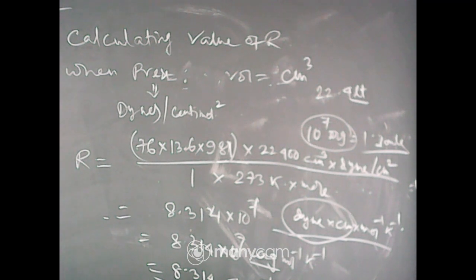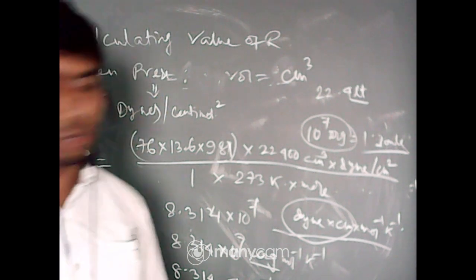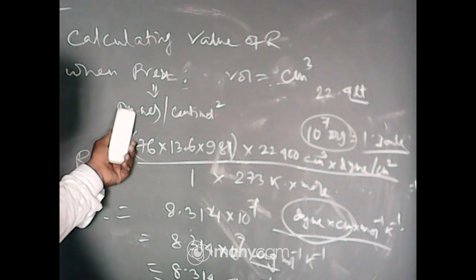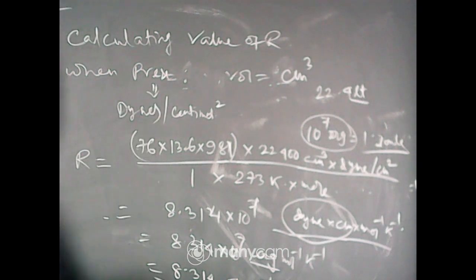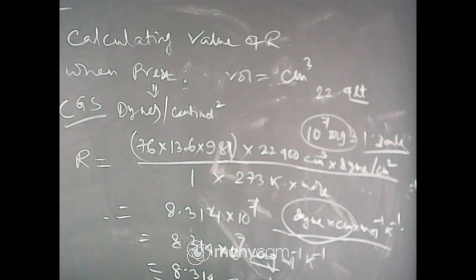This is the numeric value of R in SI unit. So this is in the CGS unit, centimeter gram second, and this is the SI unit.